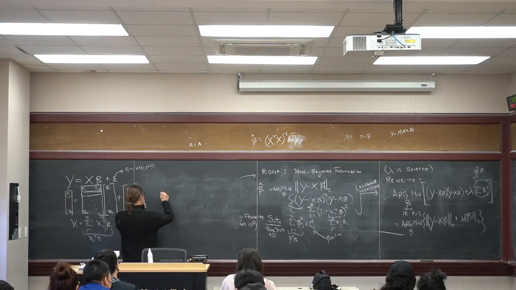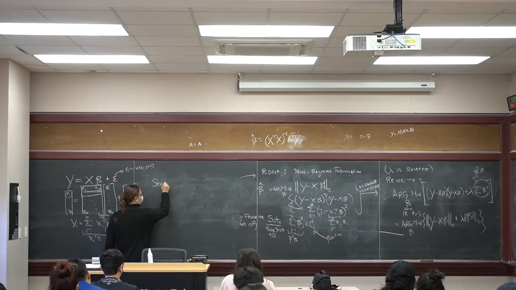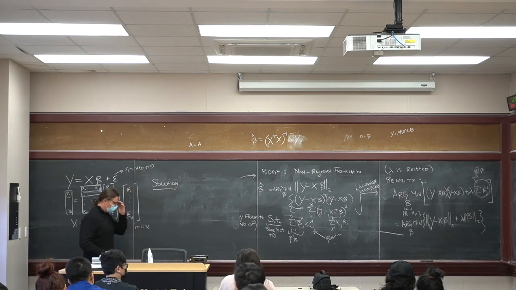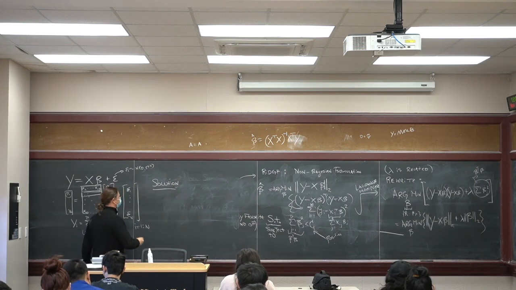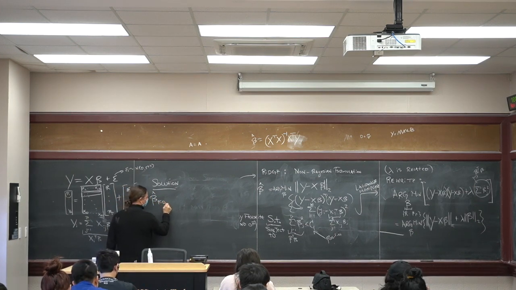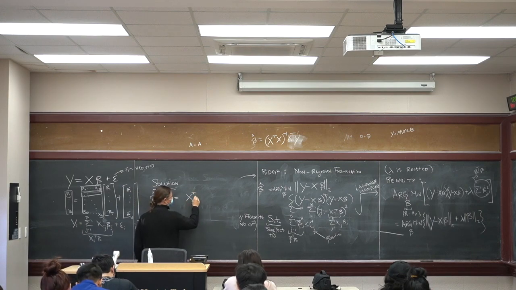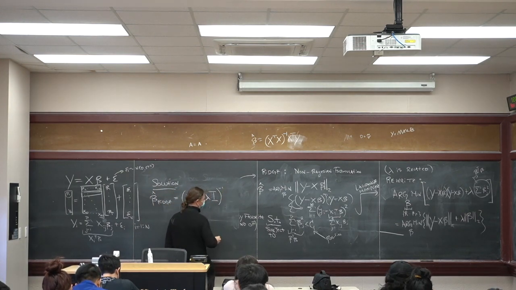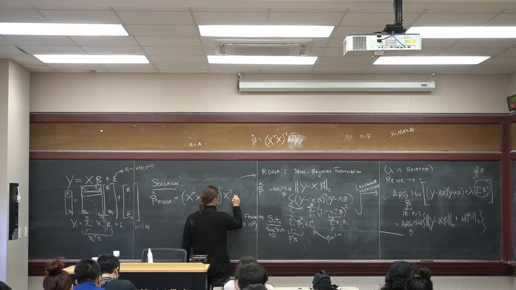So the solution, I'll ask you to do this probably on homework, is going to be beta hat ridge equal to x transpose x plus lambda, same lambda that I've written over there, times the identity, inverse x transpose y.